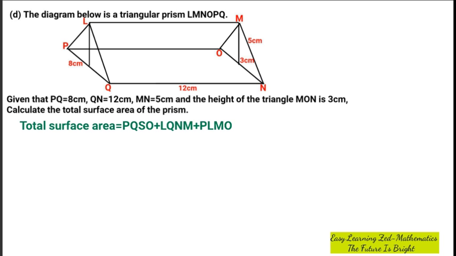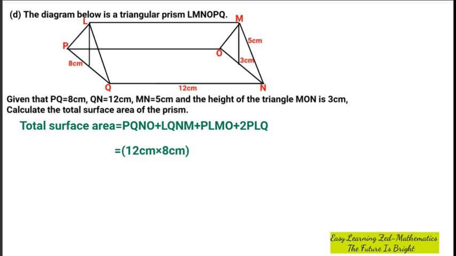So we can write plus 2. So I've gotten one face which is PLQ as the face of one triangle. Okay, so we're going to find the area of one triangle and then multiply it by 2. Okay, then we're going to say PQNO, the length is 12 centimeter, which will be multiplied by 8 centimeter.